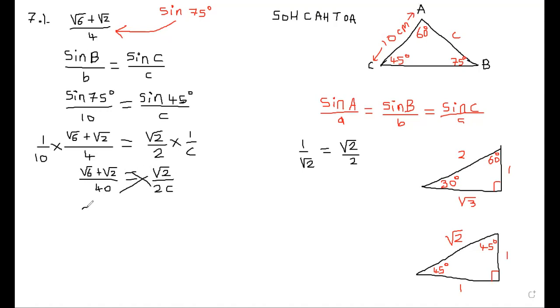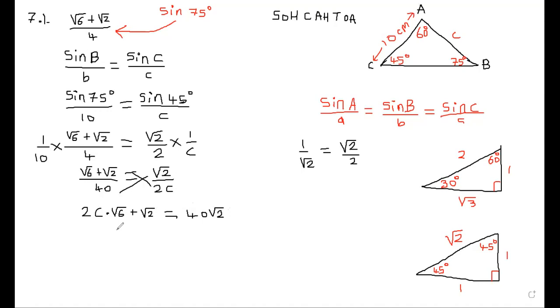We have 2c multiplied into root 6 plus root 2, and this is equal to 40 root 2.